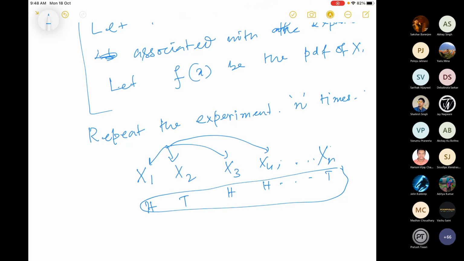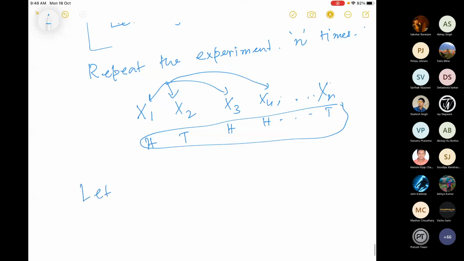Theoretically speaking, you have to perform this experiment for a long time, but you take a sample of a finite number of times, let's say 100 times, 10 times, and so on. Let xk denote the random variable associated with the kth repetition.